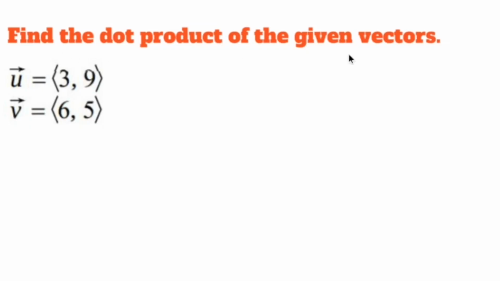Find the dot product of the given vectors. So I have u and v. So dot product looks like this. U dot v is found by doing the x value in u times the x value in v plus the y value in u times the y value in v. So the x value in u is 3.